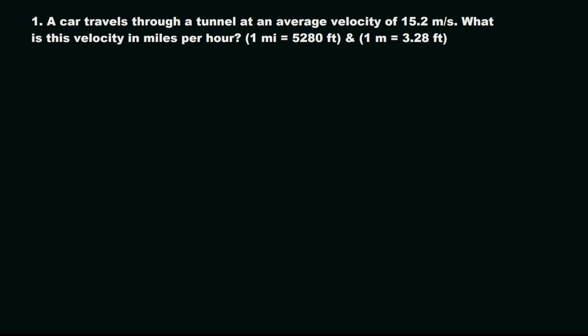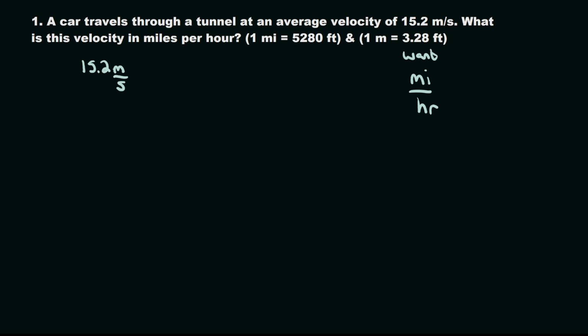We know we want it to be in miles per hour. Right now, we have it in 15.2 meters per second. So we want to convert from meters per second to miles per hour. Let's lay out a little bit of a map here.